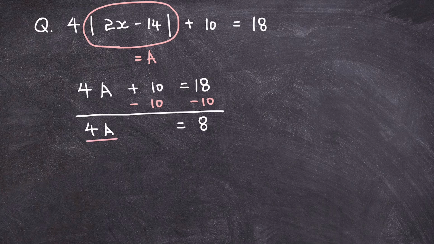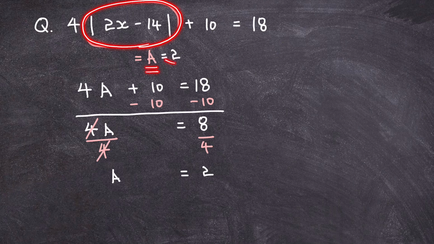And if I further isolate the variable of a by dividing both sides with the coefficient of a, I can cancel 4 and say that a is equal to 8 over 4 or 2. So I can safely say that this absolute value expression, or my variable of a, is equal to positive 2.